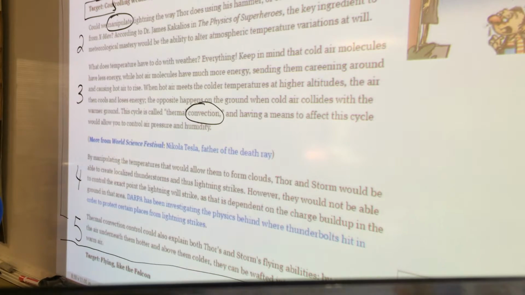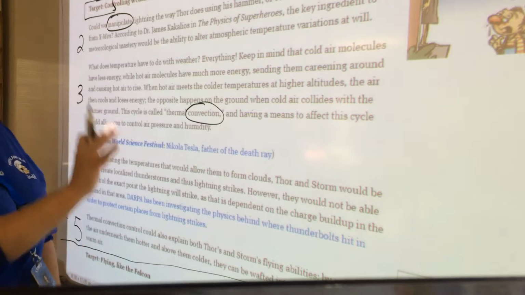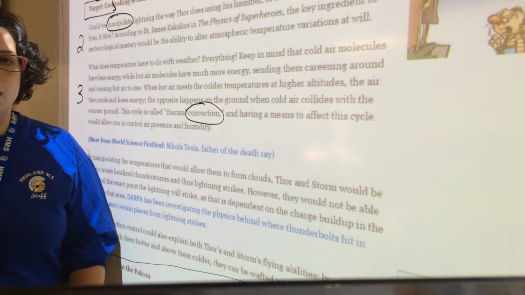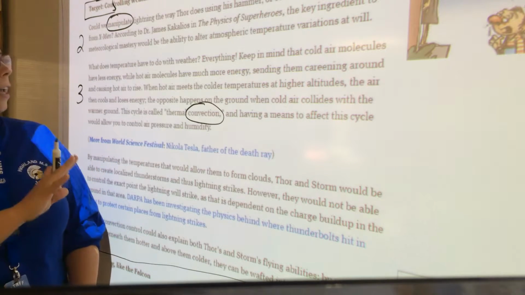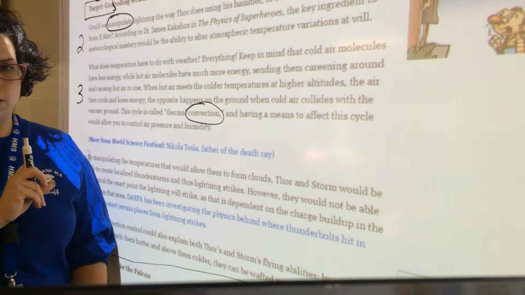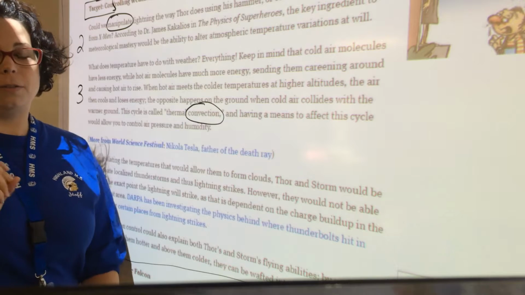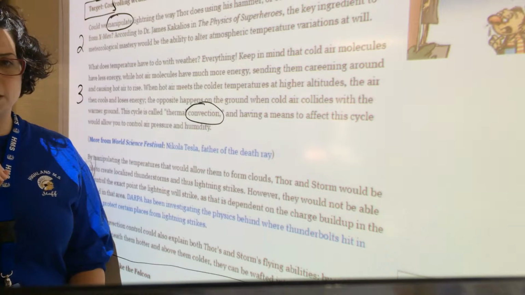Convection. And let's see, are there any other words that look like they might be a little bit troublesome? You might have more, and that is totally fine. Or maybe you have every notion of what convection means. That's okay too. So go through, and I want you to read that first section and highlight any words you don't understand. And if my substitute for the day could pause the video at this point so that everybody could read and highlight, give them a couple of minutes to do that, that would be amazing.